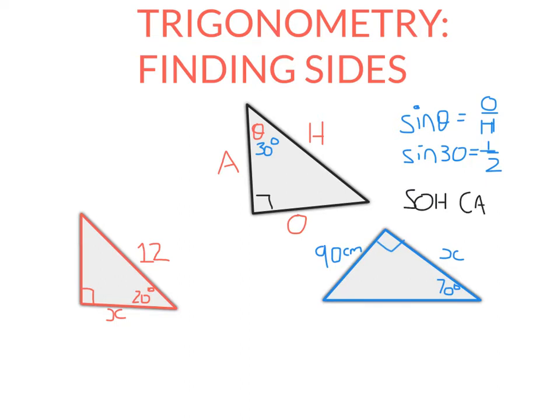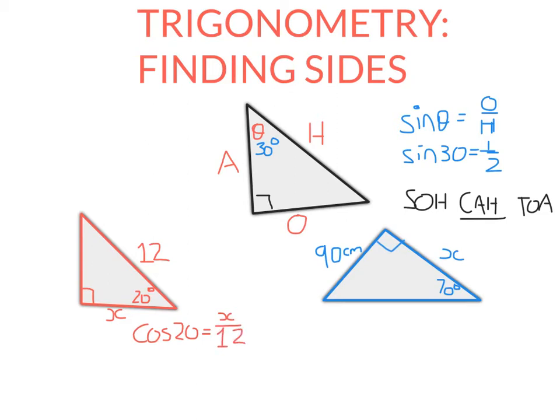So cos is the one you use if you have adjacent and hypotenuse. So cos is adjacent over hypotenuse, because adjacent is written first, it goes on top. So after we've decided which ratio, we're going to set up our equation. So we've got cos of angle equals adjacent, which goes on top because it's first in SOHCAHTOA, over hypotenuse.